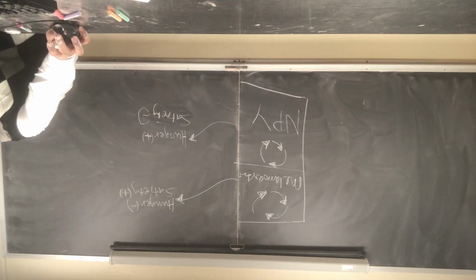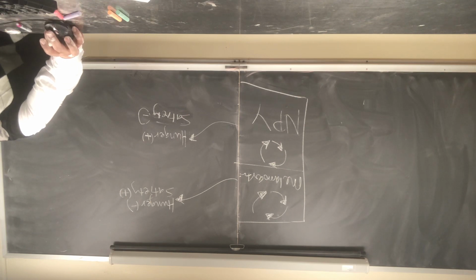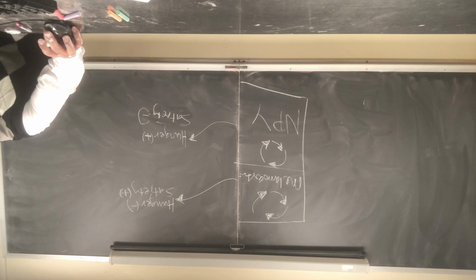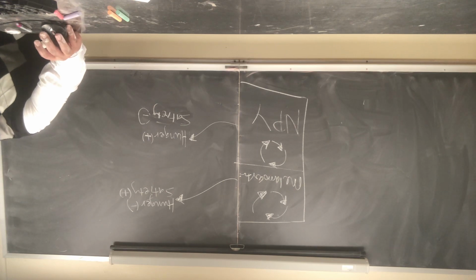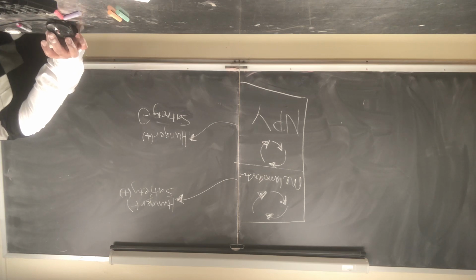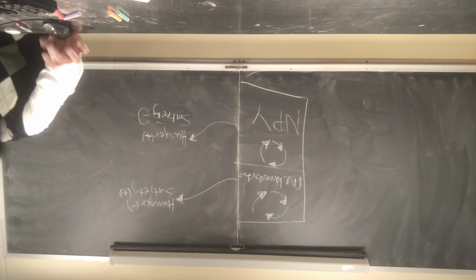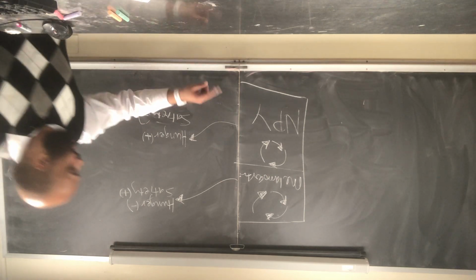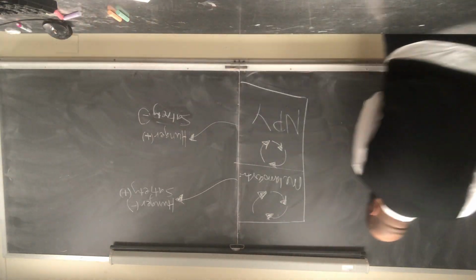Whenever neuropeptide gamma is stimulated, that leads to a sensation of hunger. And whenever melanocortin secreting neurons are stimulated, that leads to satiety. Now, who stimulates whom? Ghrelin secretion leads to the stimulation of neuropeptide gamma, and that leads to hunger.